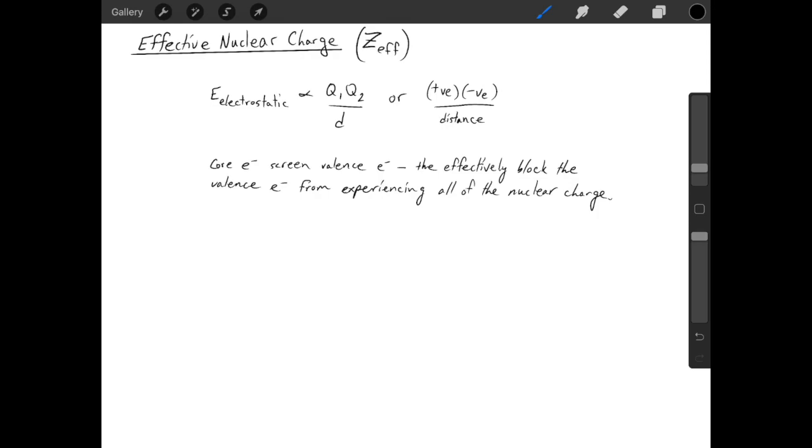So we'll consider a couple of examples, and we'll start with hydrogen, which only has one proton and one electron. In the case of hydrogen, you have an electron that exists in a spherical s orbital around the proton, and there's nothing in between. So in hydrogen, the valence electron, the only electron, feels the entire nuclear charge, and we give that charge the symbol Z. A similar situation exists for helium with its 2 protons and 2 electrons.